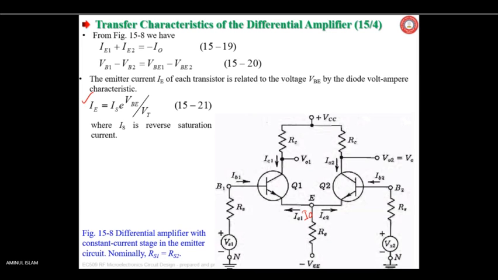Vt is the thermal voltage, 26 millivolt at room temperature, 300 K.